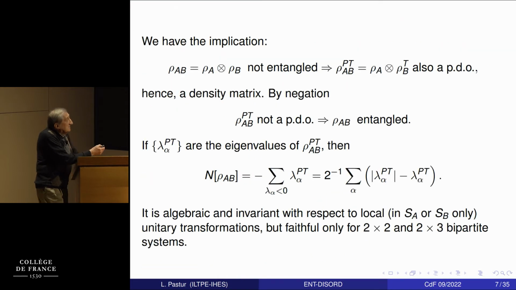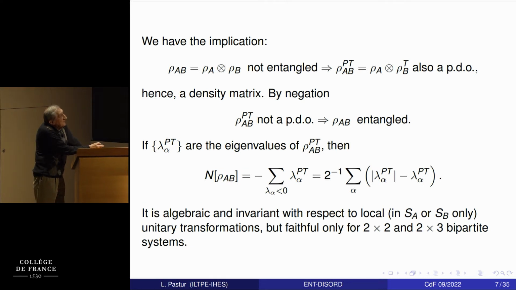And so let's apply a bit of logic. So what are the simple examples? It's easy to check that if your matrix is a product, not entangled, then this partial transpose matrix is always positive definite.